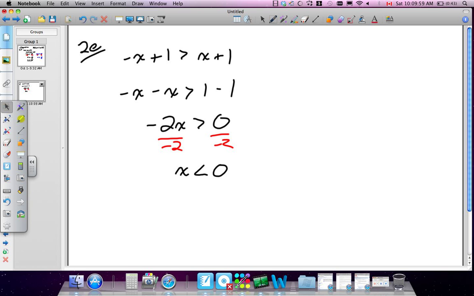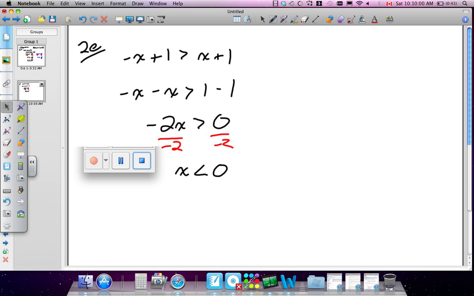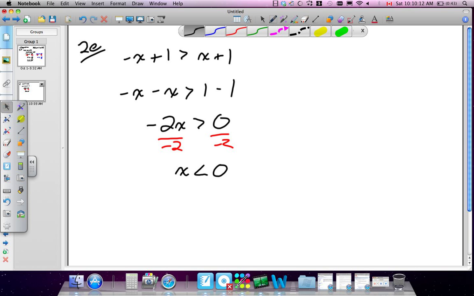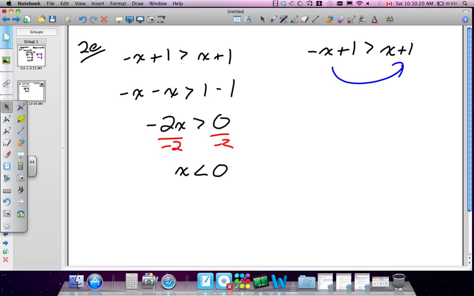Now let's say we decided to bring the variable to the other side. Let's take a look at what that would be. Negative x plus 1 is greater than x plus 1. Let's say we reversed it. I brought the negative x to this side and the other one over. I would still end up with 1 subtract 1 is greater than, this time it would be x plus x. 0 is greater than 2x.